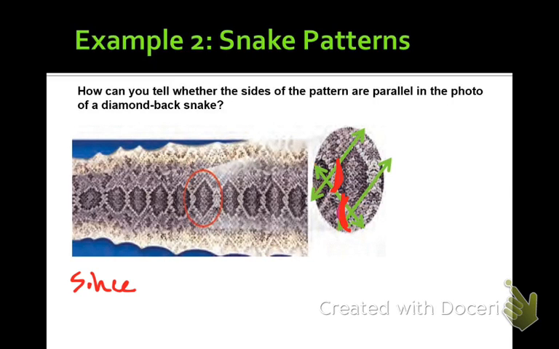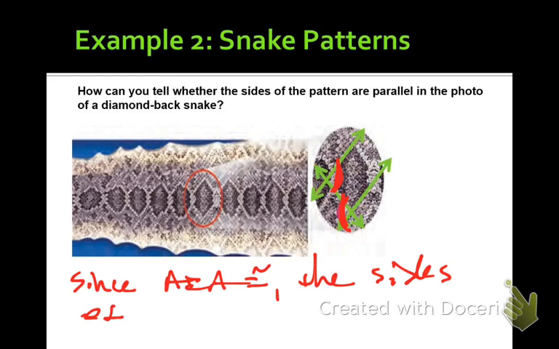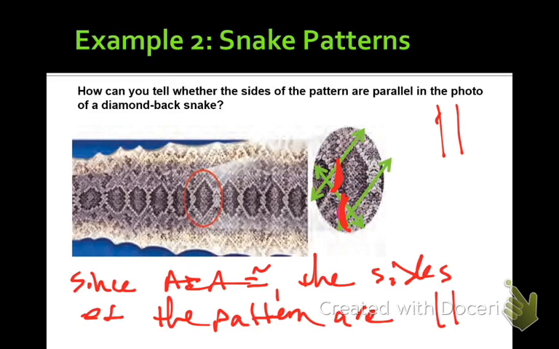So since the alternate interior angles are congruent, the sides of the pattern are parallel. Or your parallel symbol, right? That means parallel.